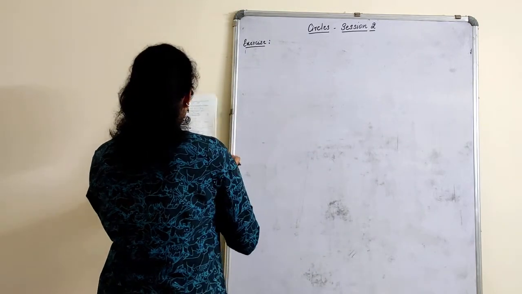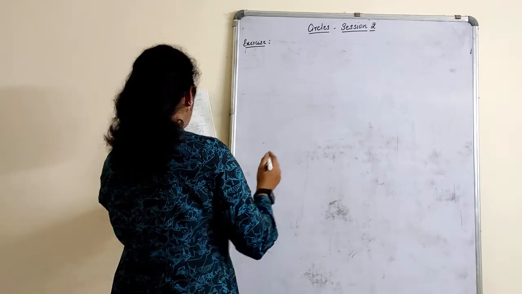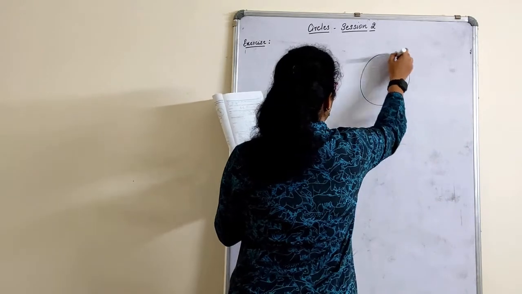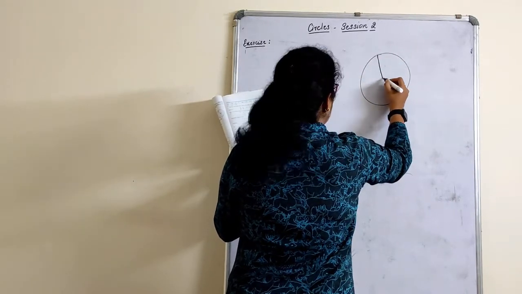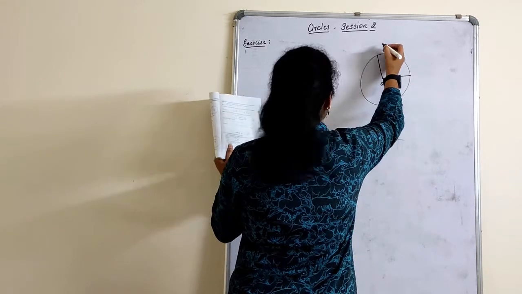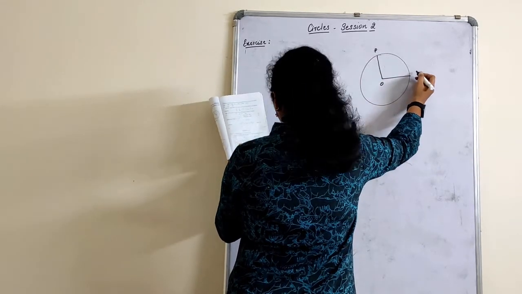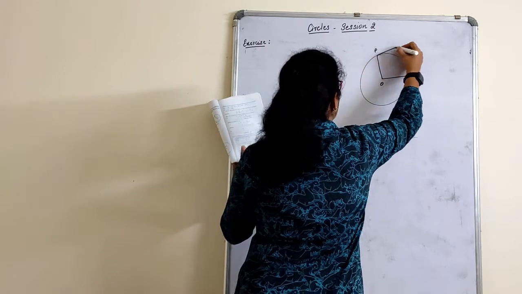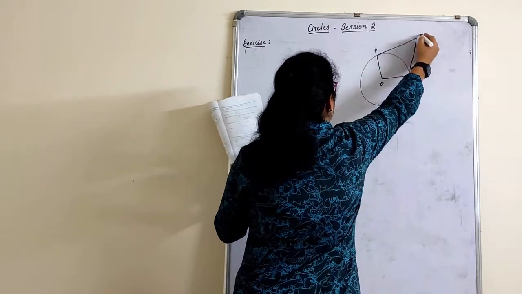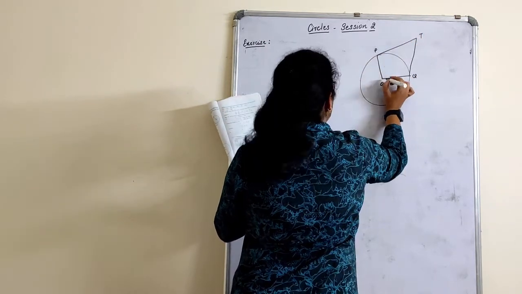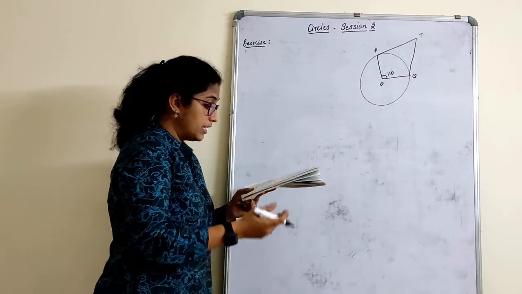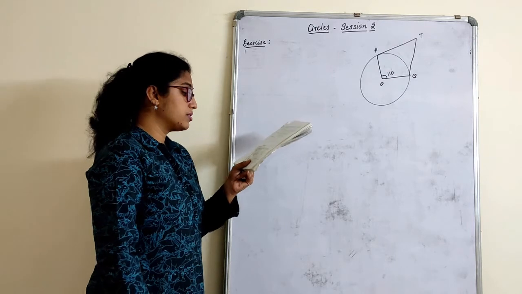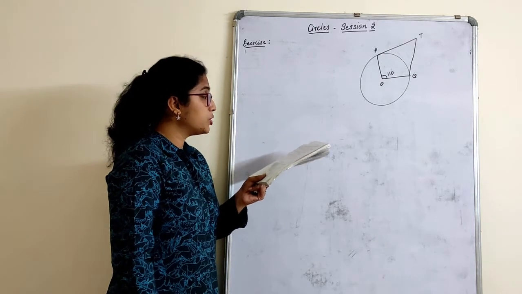In the figure, TP and TQ are the two tangents to a circle. So this is the figure given, center O, and P and Q. So these are the two tangents given. Now TP and TQ are the two tangents to a circle with center O such that angle POQ is 110.